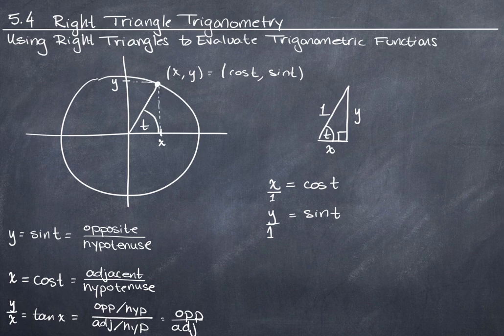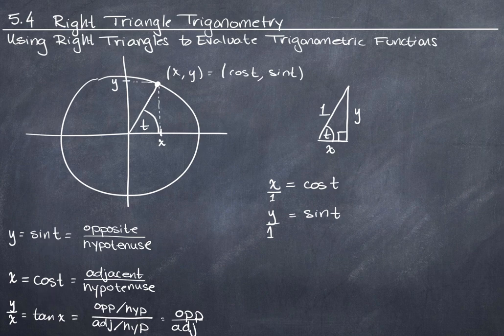Another way to write it is as the length of the side opposite that angle in a right triangle created by dropping a vertical line down from the point and a horizontal line across to the y-axis, the side opposite that divided by the radius. The opposite over the hypotenuse, the opposite over the radius of the circle, or in the case of the right triangle, without the unit circle, the opposite over the hypotenuse. Two different ways to describe the sine of t.